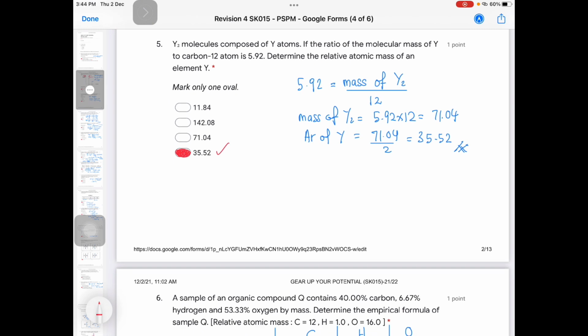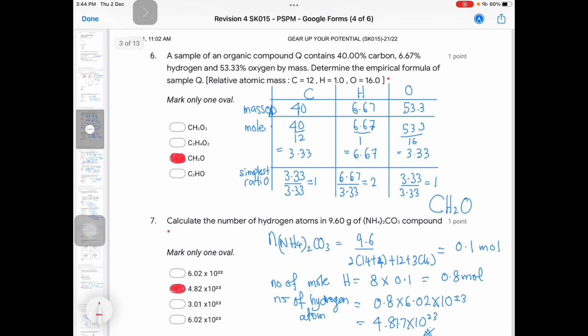Okay, alright. Then question number 6. A sample of organic compound Q contain 40% of carbon, 6.67% hydrogen and 53.33% oxygen by mass. Determine the empirical formula of the sample Q. Jadi kita gunakan table lah. Okay, so persen ini kita anggapkan sebagai mass. So 40, 6.67, 53.3.